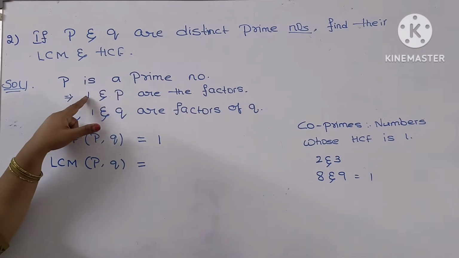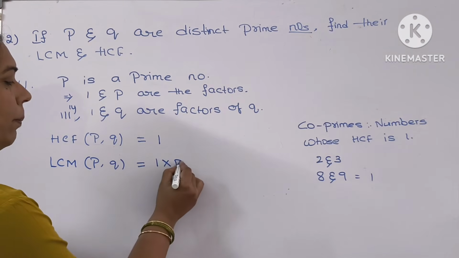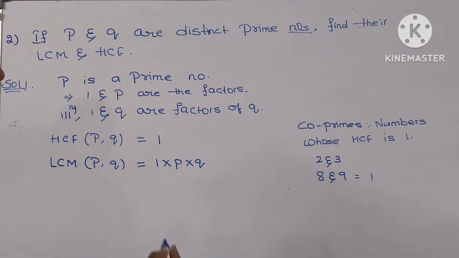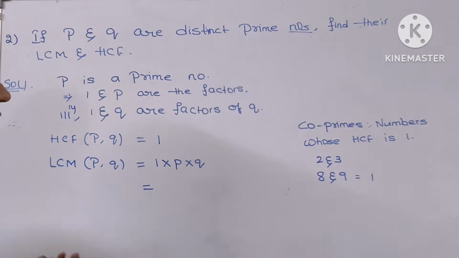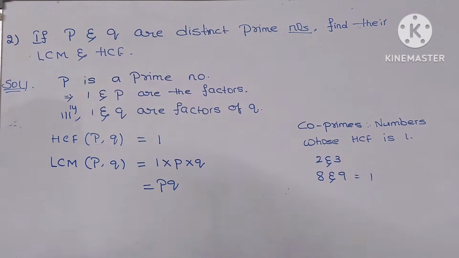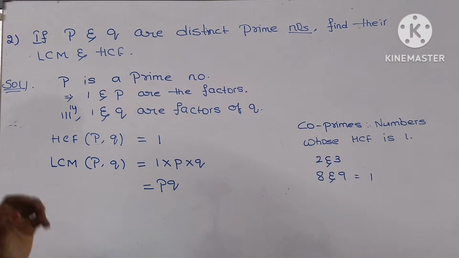So, what are the factors? 1, P and Q. Since the powers are all 1, we are not worried about the highest powers. They all have the same power. So, the LCM of these two numbers is the product of the numbers themselves. This is how you have to solve any question.